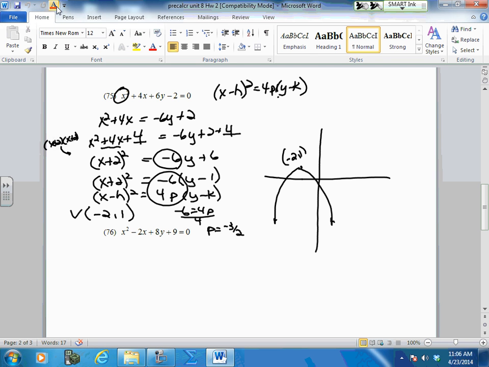I'm going to come down 1 1/2. So this is negative 2, negative 1/2. See it? That's my focus. I'm going to go up 1 1/2. I go up 1, I get to 2. I go up 1/2, I get to 2 1/2. So y is equal to 2 1/2 or 5 halves.